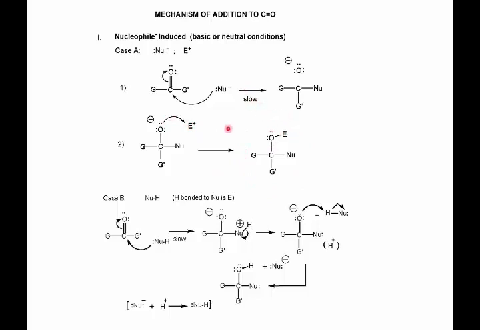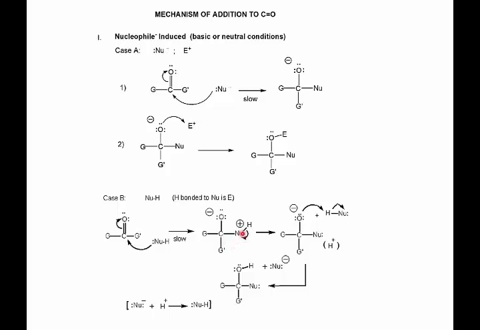Of these two steps, attachment of the nucleophile is the slow step. It's the energetically hardest step. Now, in this case, this is where our nucleophile is neutral. There's a little extra step that comes in. But like our first case here, the nucleophile will attach to the carbonyl carbon. That is the first step. It's a slow step.